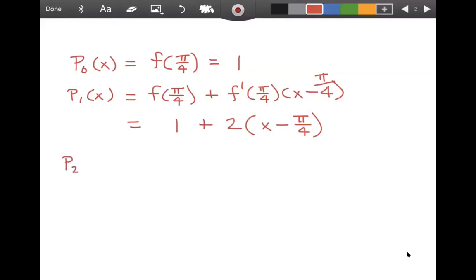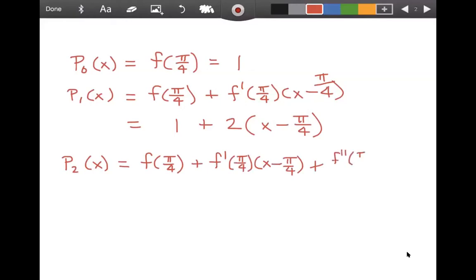Second degree is going to be f at pi over 4 plus f prime at pi over 4 times x minus pi over 4, plus f double prime at pi over 4 over 2 factorial times x minus pi over 4 squared.